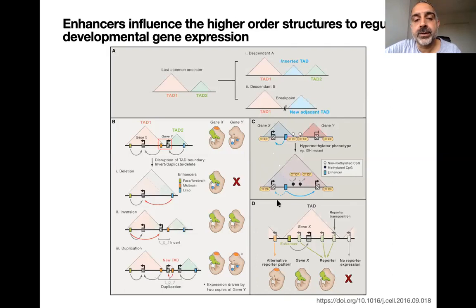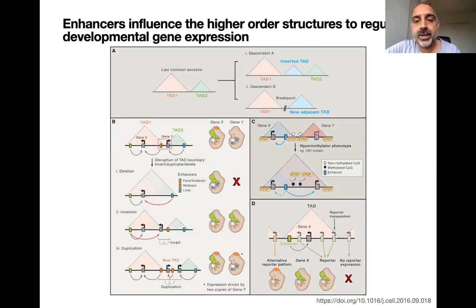Okay, so the idea of modular enhancers, like I said, is very attractive. This can enable us now to think of a way how different types of regulation can be evolved.